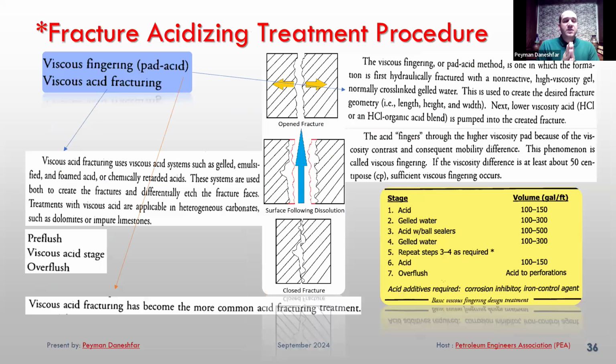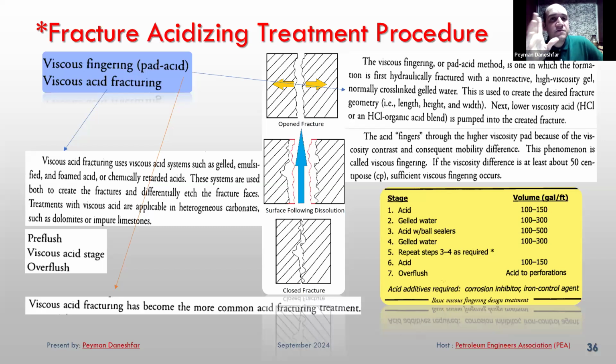In this slide you can see that we have two types of fracture acidizing: viscous fingering or pad acid, and the other one, viscous acid fracturing. In viscous fingering, because of the lower viscosity of the HCl, or organic acid, pumped into the fracture, this may make a phenomenon of fingering.